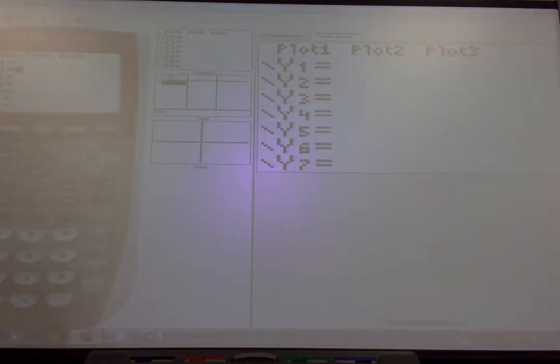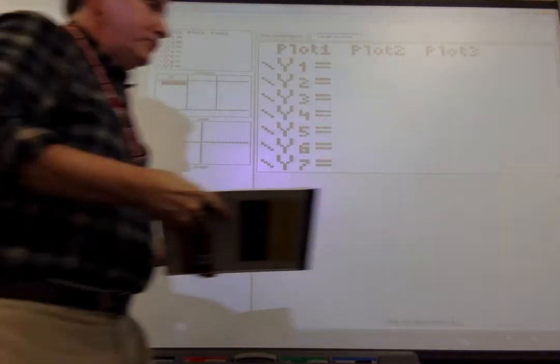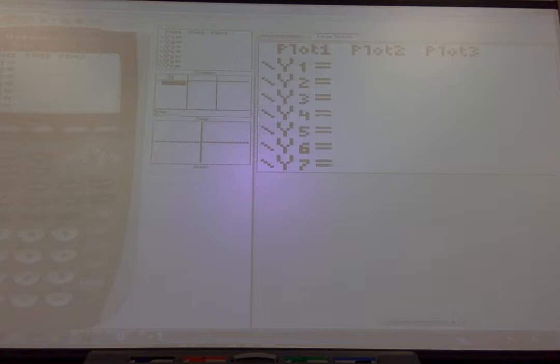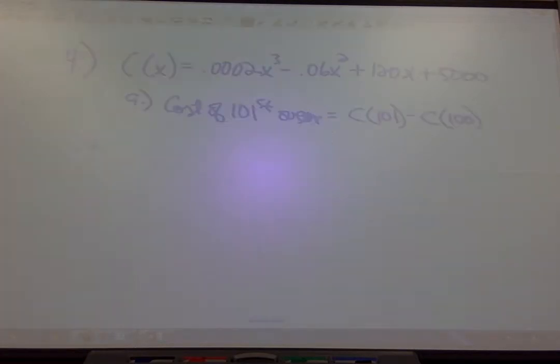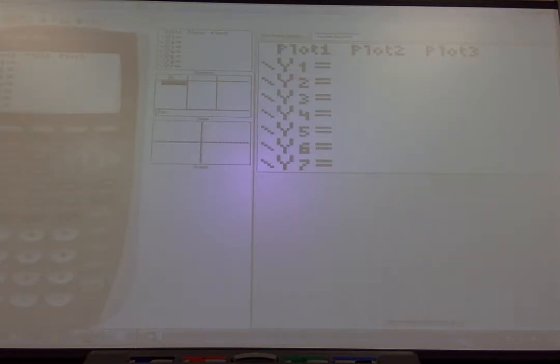If I enter, that was, this is obnoxious. Okay, it's blinking, so let's hope it wants to be nice. Control that. If you want to type that cost function into your calculator, there we go.